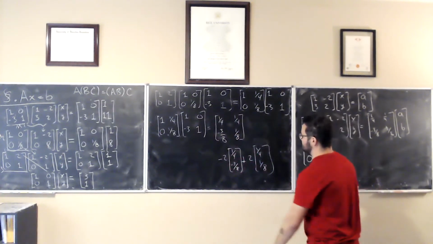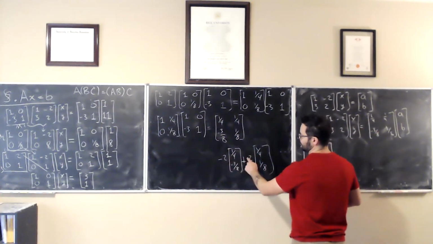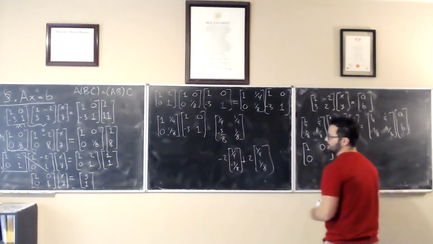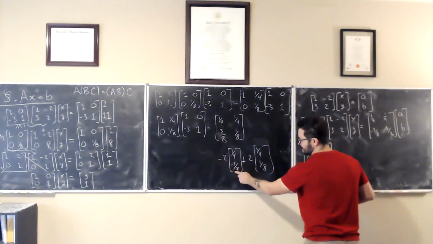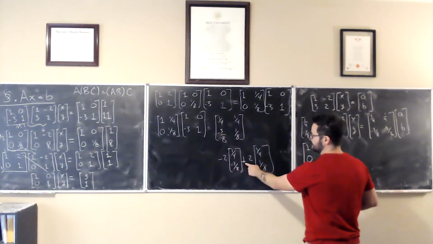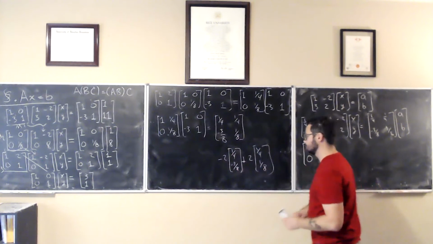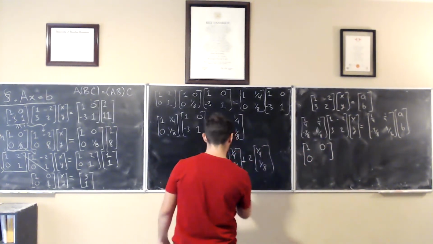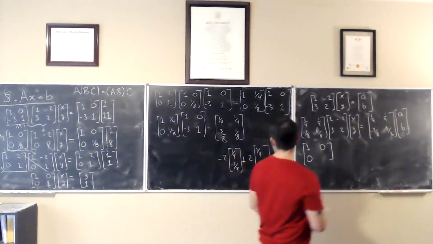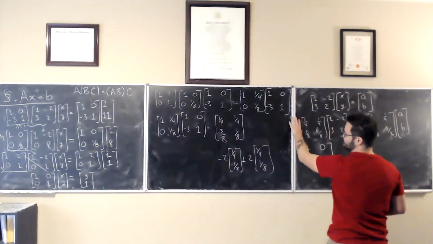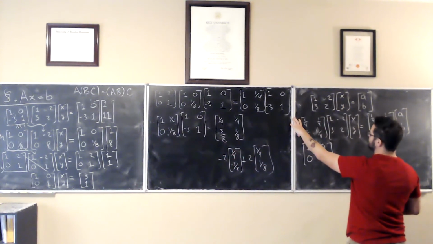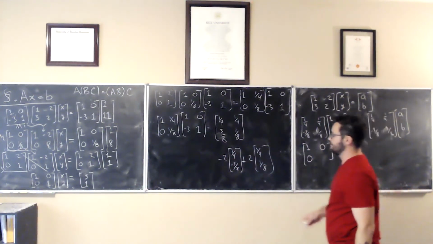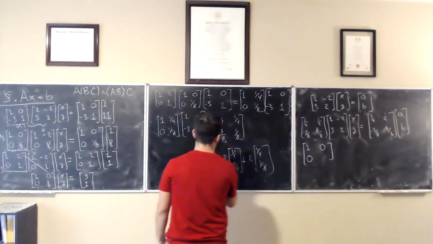So what's going to happen here? So -2 of that plus 2 of the same thing, there's going to be a 0 right here. And then -2 of this is -6/8 plus 2/8. Is that right? -2 of that row plus 2 of that row. So what does this become?